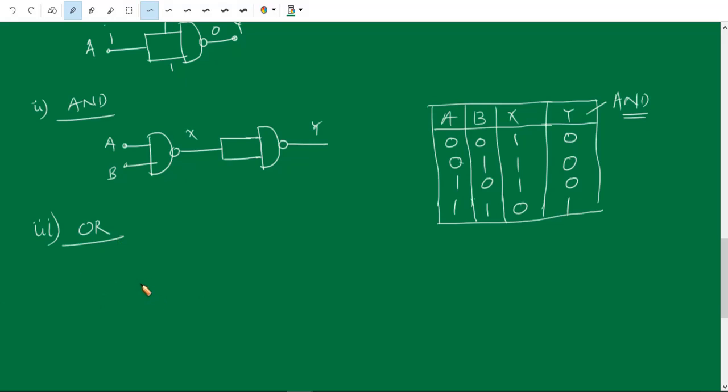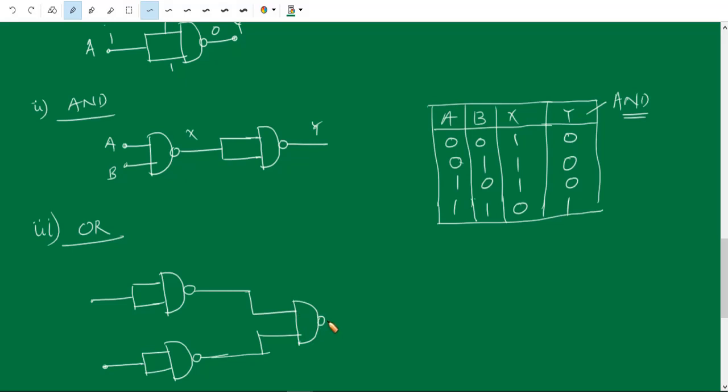So this is also similar to the one we have discussed in the case of the NOR gate, okay.